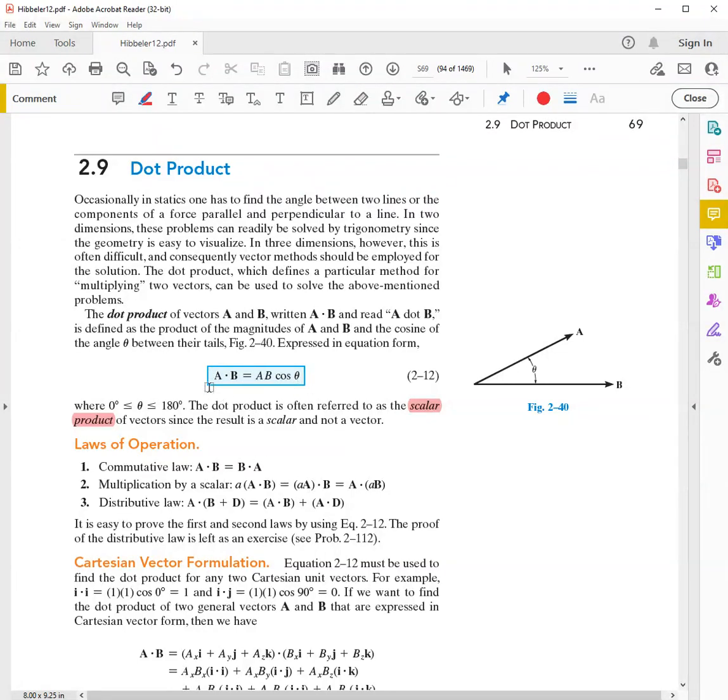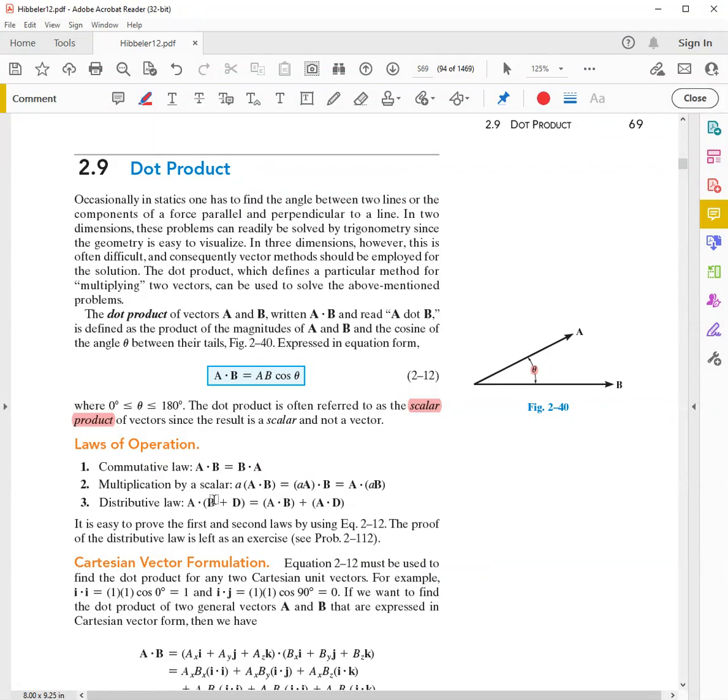So vector A dotted with B, or A dot B, is again a scalar. It is the magnitude of A multiplied by the magnitude of B multiplied by the cosine of the angle between the 2 vectors. Angle theta goes between 0 and 180.